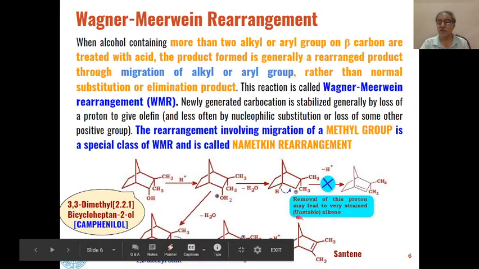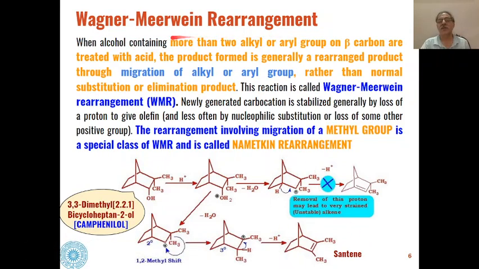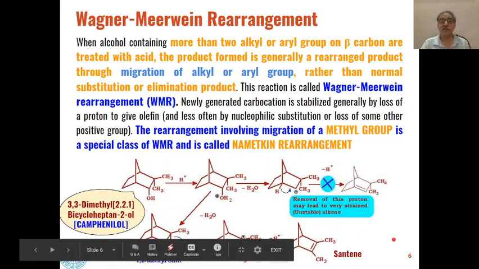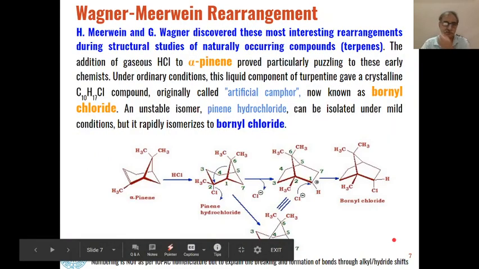Santene will be formed as product, which is not strained and is a very stable alkene. So that is why the 1,2-methyl shift has taken place to give us a rearranged product, and this is an example of Wagner-Meerwein rearrangement.